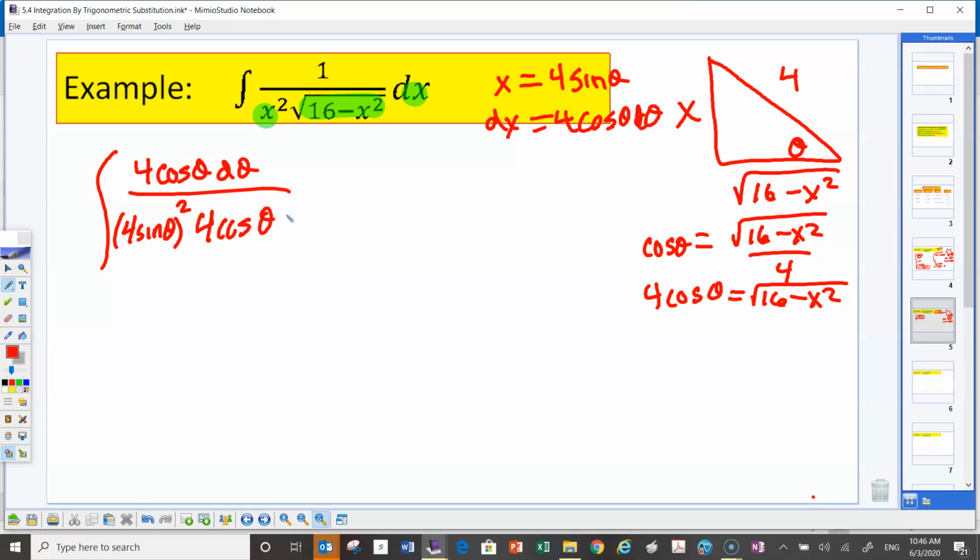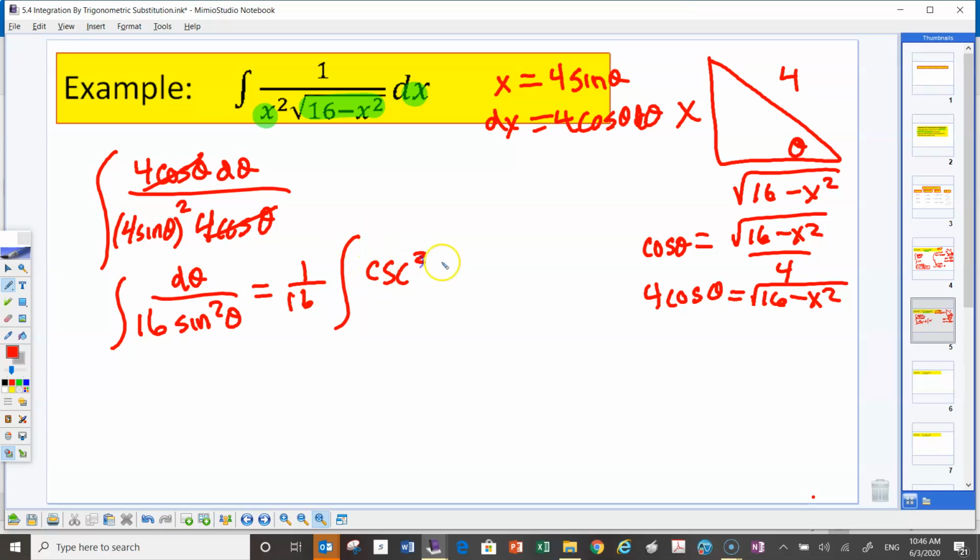Now the 4 cos thetas will cancel out, and I'll be left with the integral of d theta over, if I square the 4, it's 16 sine squared theta, where 1 over 16 is a constant. If I move sine squared up to the top, it becomes cosecant squared theta.